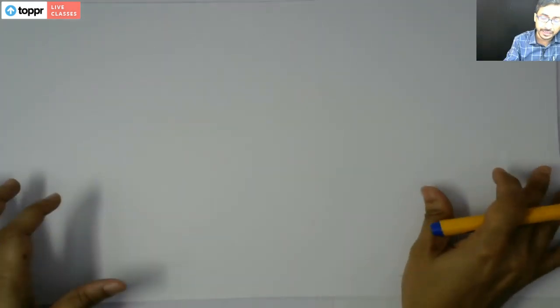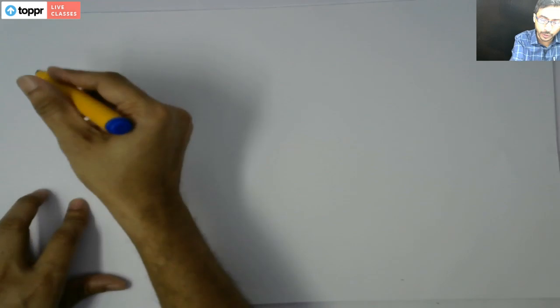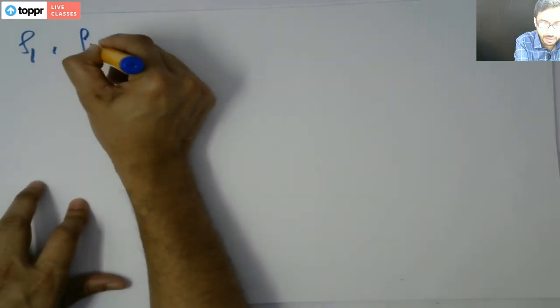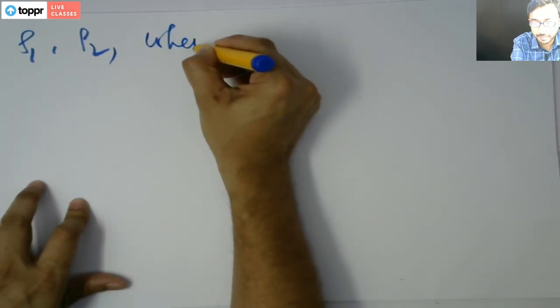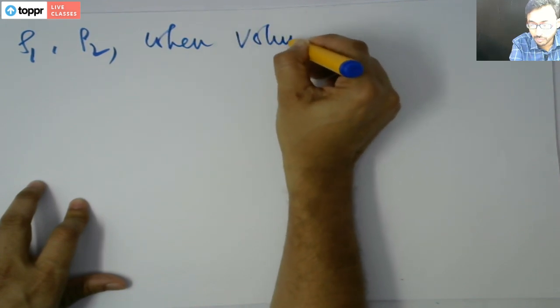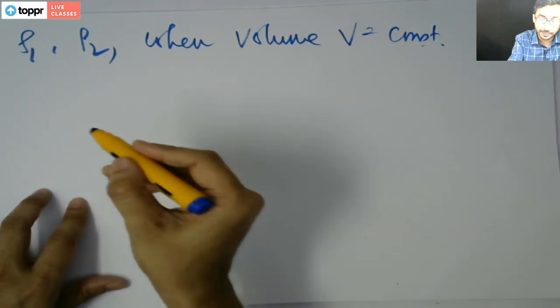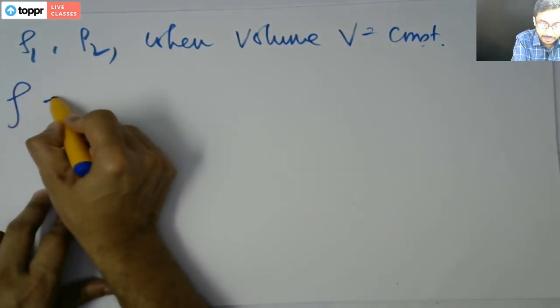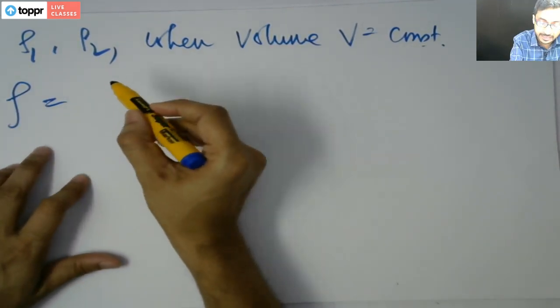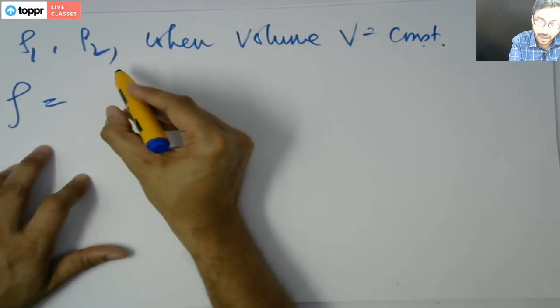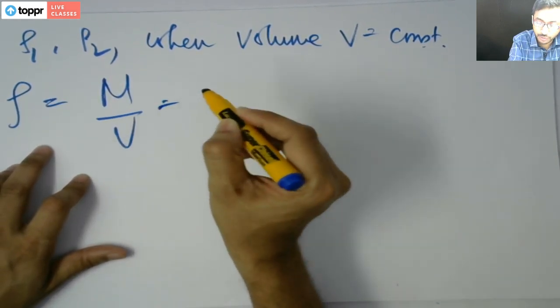Now what will happen if we mix two liquids, rho1 and rho2, when the volume is the same, when volume V is constant? The rho of the mixture is the total mass by the total volume.